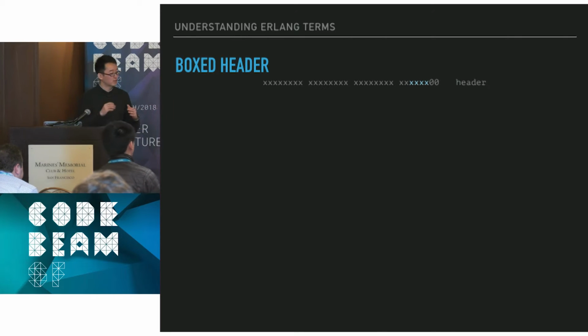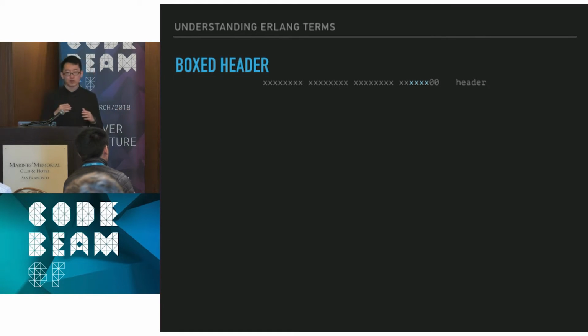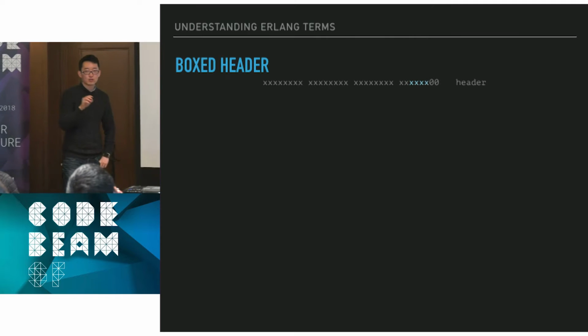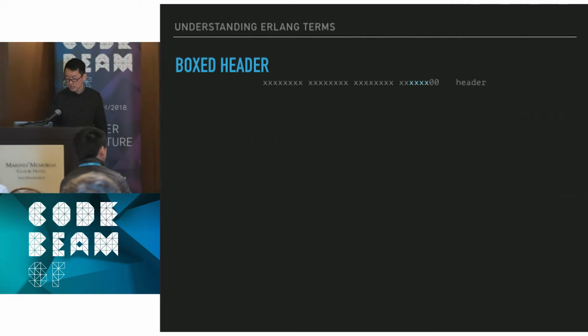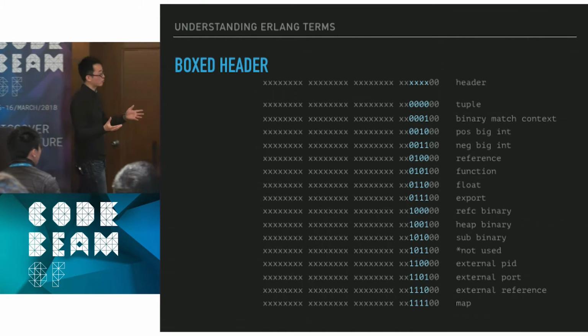And here is a box header. When you have the immediate type, everything fits into one word size. But for a larger thing like a tuple, you need multiple words, so you need to know which type it is, so you need to look at the header information. The header starts with 0, 0, and then we look at 4 more bits. Here are all the types for those 4 bits.